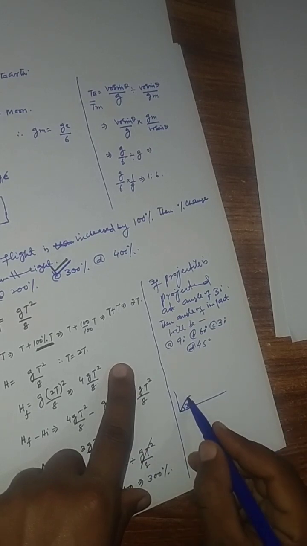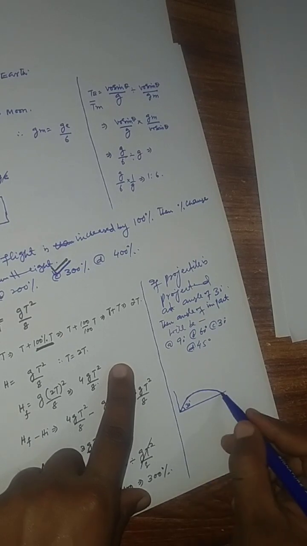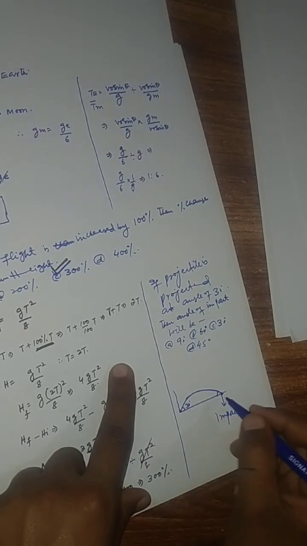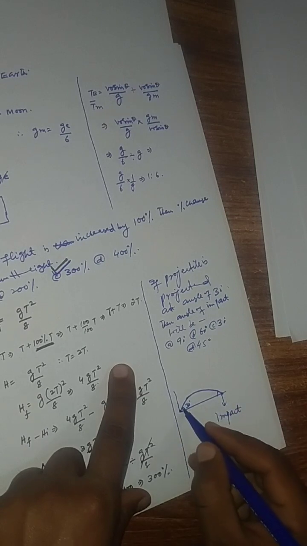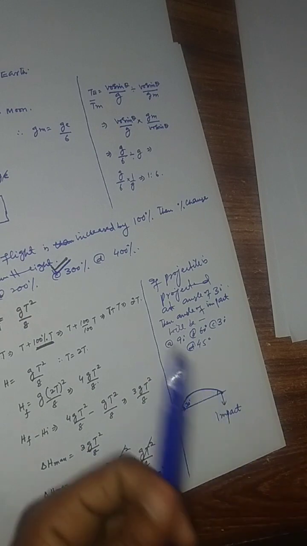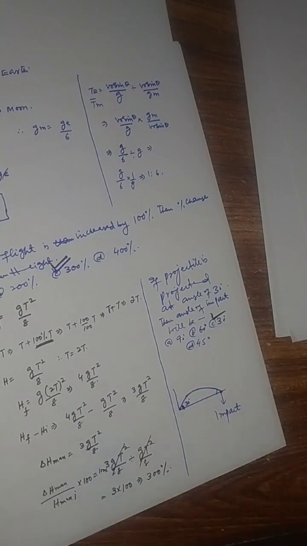So whenever projectile hits another point, this is known as point of impact, and this makes also the same angle which is here. Okay, तो correct answer will be जो है वो 30 डिग्री.